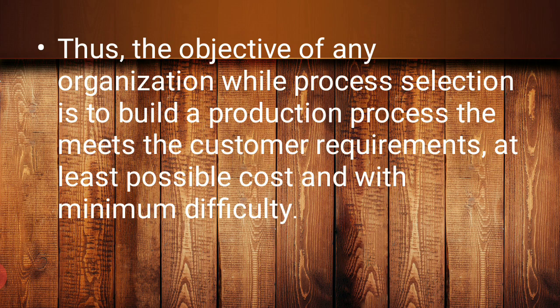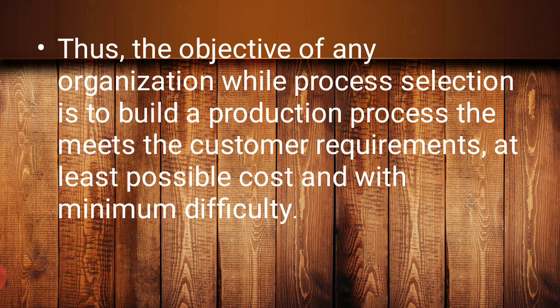Thus, the objective of any organization while process selection is to build a production process that meets the customer's requirements at least possible cost and with minimum difficulty. Very, very important. Ultimate objective of any process selection is what? That we have to produce such a kind of product which provides customer satisfaction on one hand, that means it meets the customer requirements.